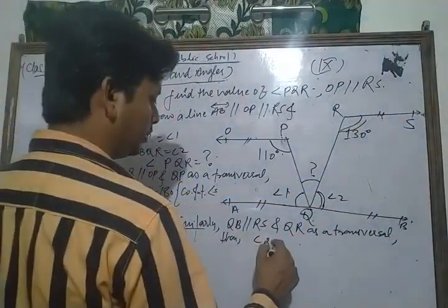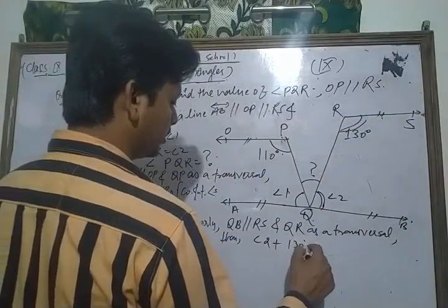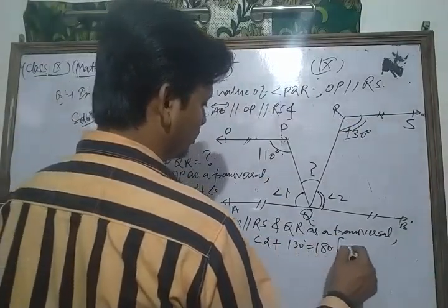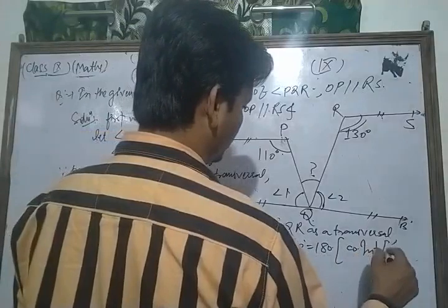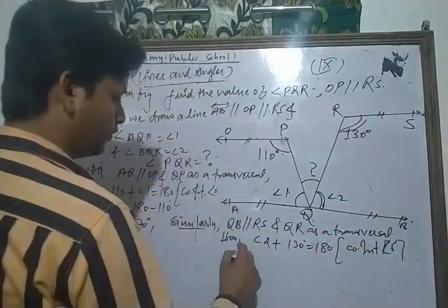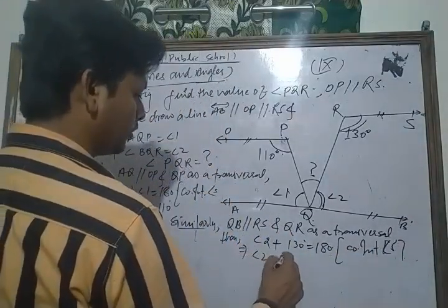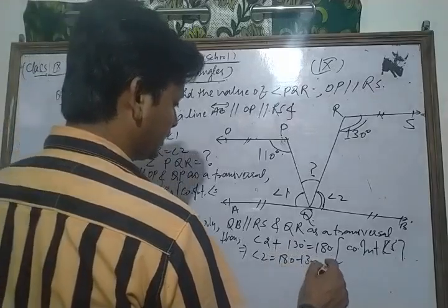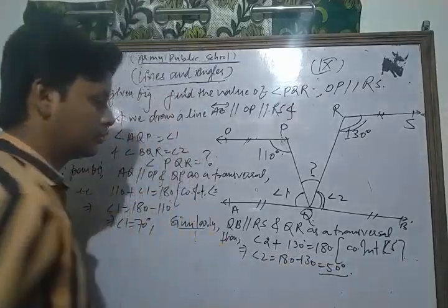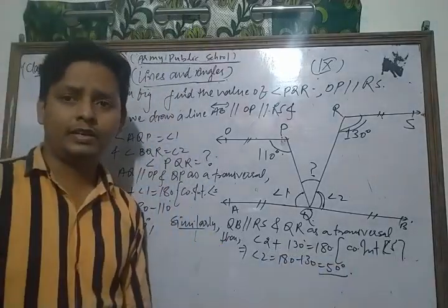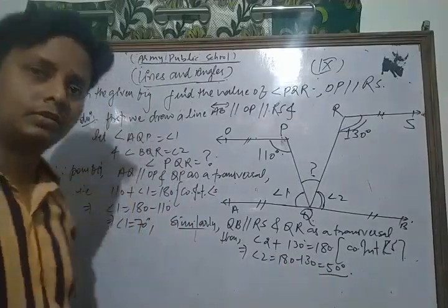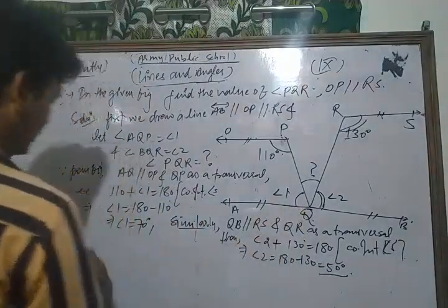Then angle 2 plus 130 is equal to 180. They also form co-interior angles. Now angle 2 is equal to 180 minus 130, that is 50 degrees. So in this way we find angle 2 is 50 degrees.